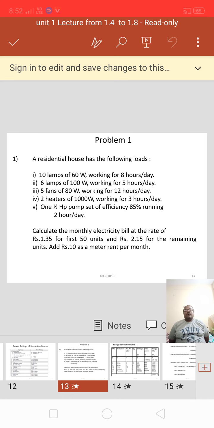Another one is a 1/2 HP pump which has an efficiency of 85% running 2 hours per day. For doing a problem, we must know how we can solve it with the given data. We must know these concepts, and next, what we want to calculate. These are the main concepts of doing a problem.